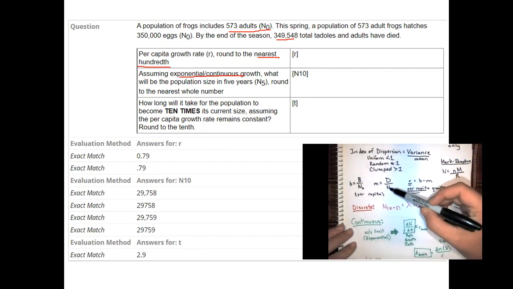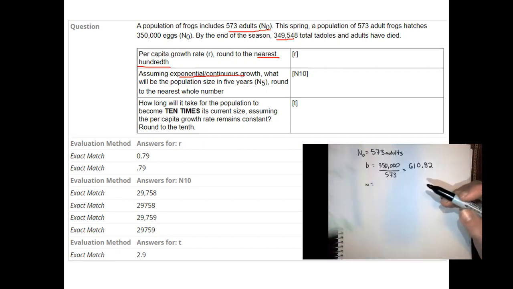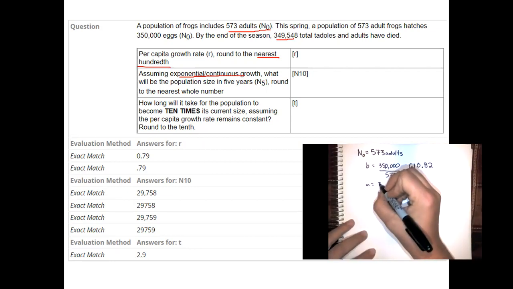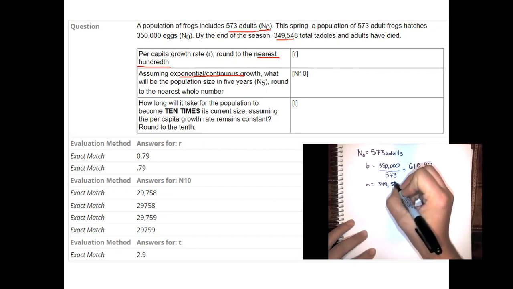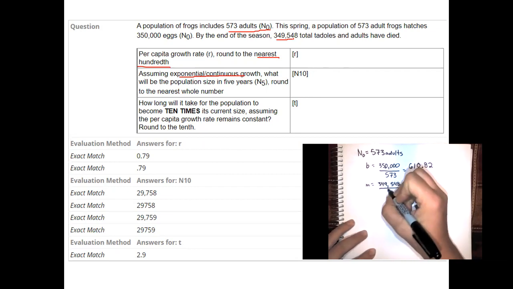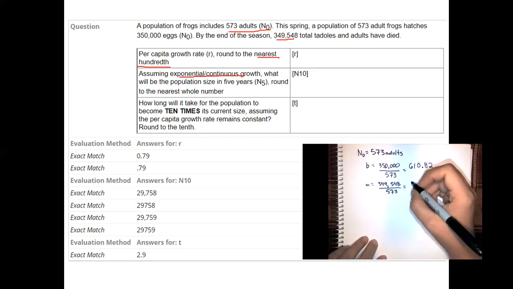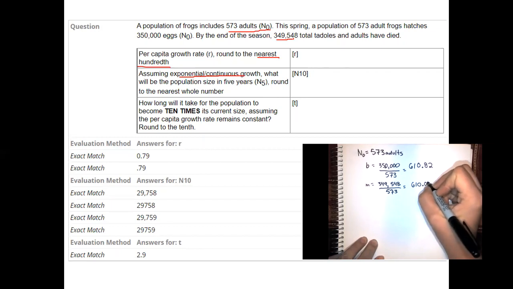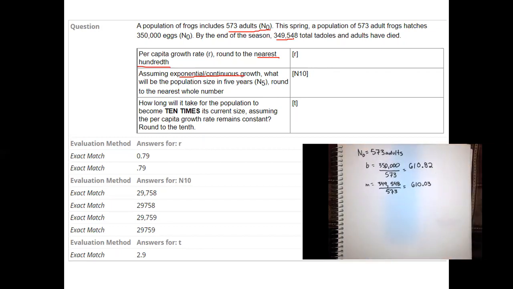It's the number of deaths over the original population. So the number of deaths is 349,548 over 573, for a total per capita mortality rate of 610.03. So once again, for every individual, 610 individuals die.